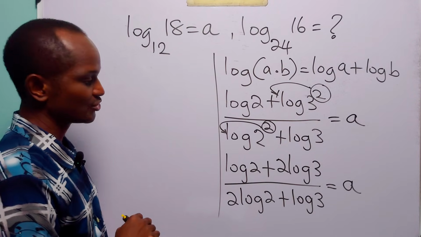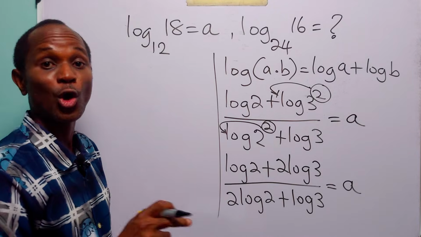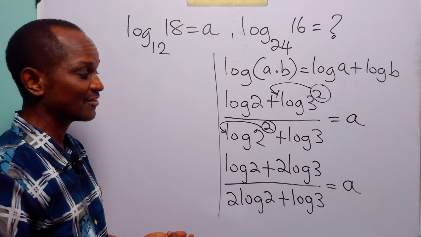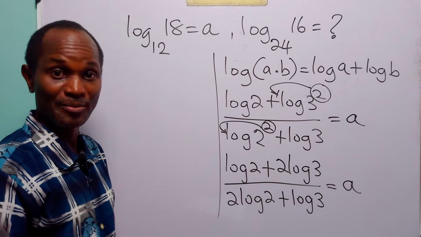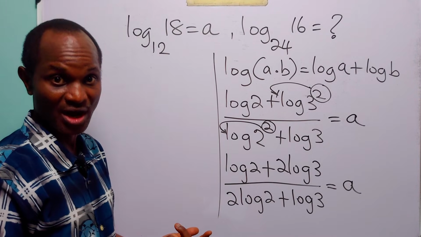Now the next thing we are going to do is divide both the numerator and the denominator by log 2. Of course, you know that when we divide the numerator and the denominator of a fraction by the same quantity, we haven't changed the fraction.